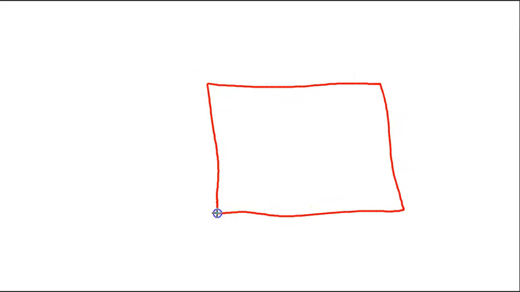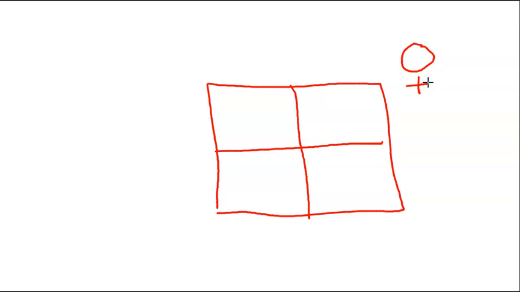Okay, so we're going to first make a square with 4 squares. I like to put mom on top, so this is mom up here, and she's homozygous dominant for tongue rolling.